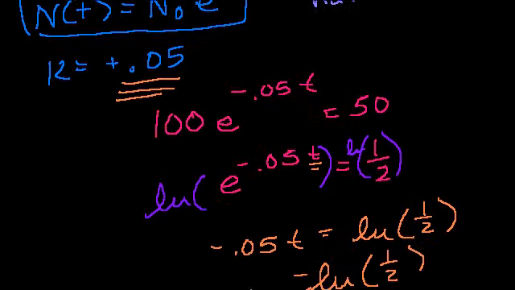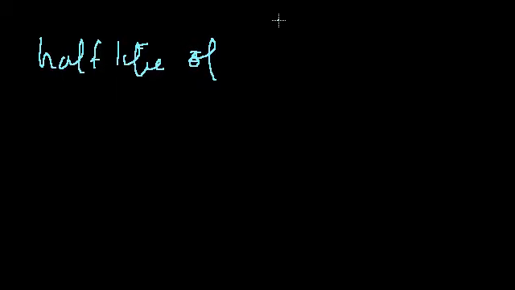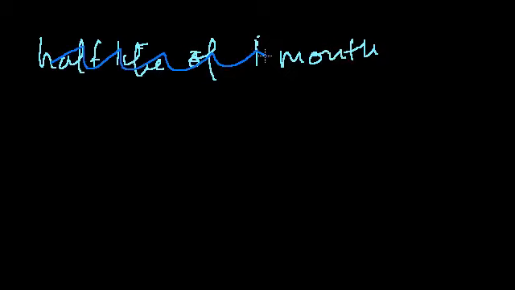Let's do one more of these problems just so that we're really comfortable with the formula. Let's say I have something with a half-life of, I don't know, 1 month. Let me make it a little bit simpler for the sake of time.